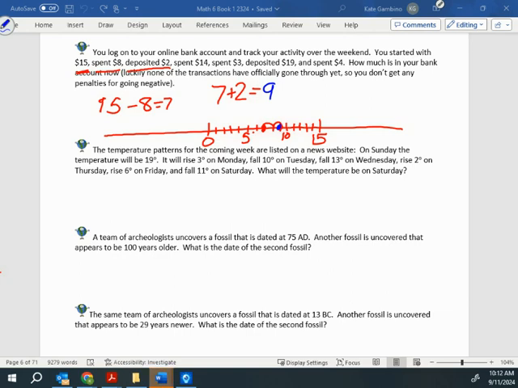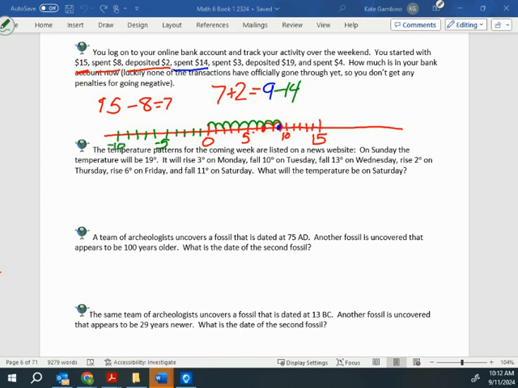Okay, so now I'm going to spend $14. What math do I do if I'm spending $14? Lila? I'm subtracting. So I need to subtract 14. So I'm going to go to the left. 1, 2, 3, 4, 5, 6, 7, at 0 I need to add down here into my negative numbers.